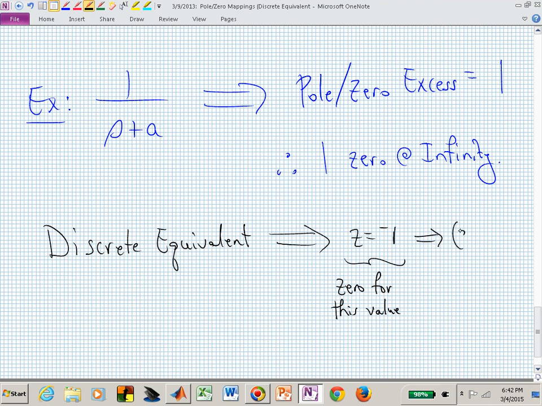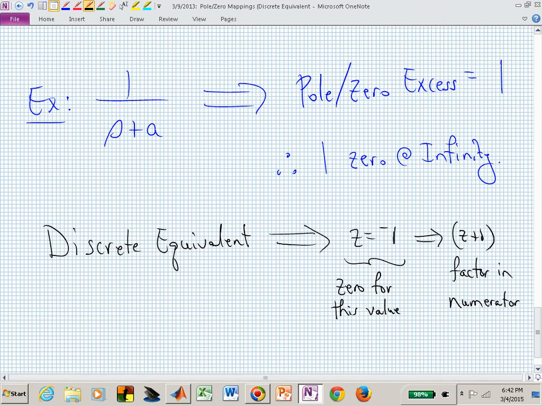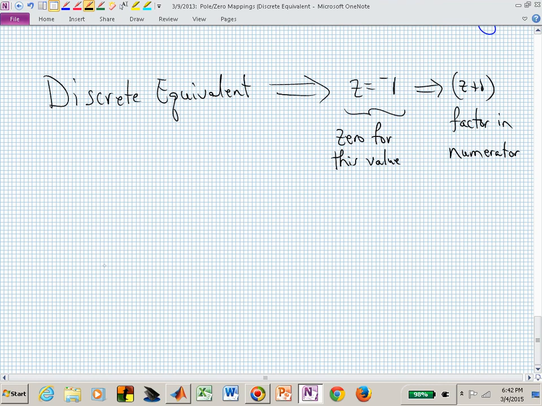And we know how to produce that. That is, we need this factor in the numerator expression, which now means that we have a k bar z plus 1, and we already know what the denominator looks like. That was this z minus e to the minus at.